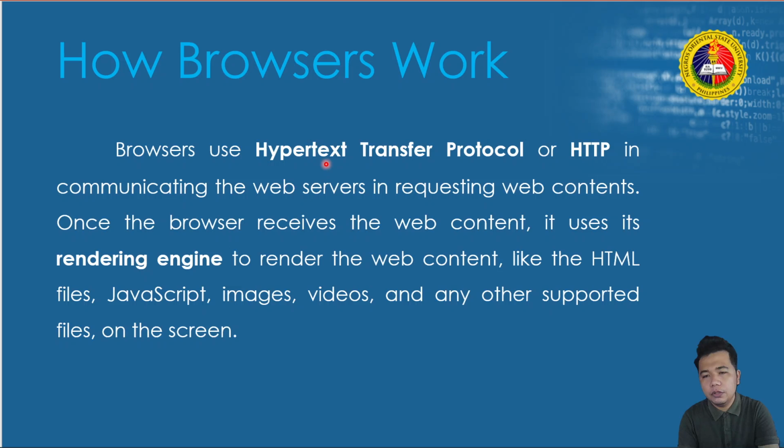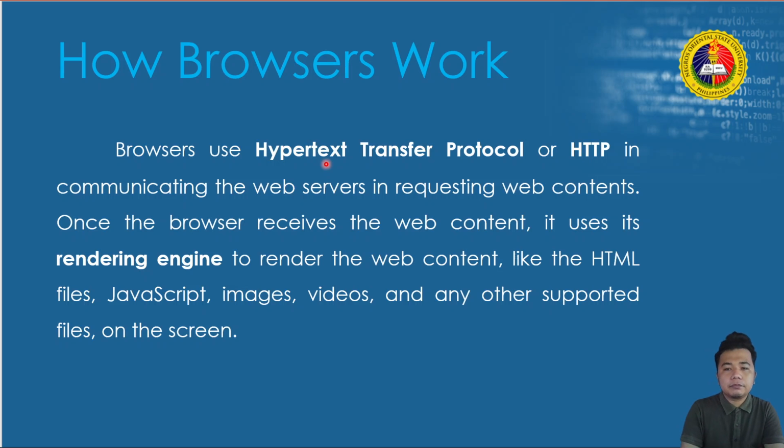So every time that we look for a website or click a link or maybe like a Facebook friend status update, or maybe upload our selfie photos, and just about everything that we do on the World Wide Web, the browser uses HTTP or Hypertext Transfer Protocol to process these requests.